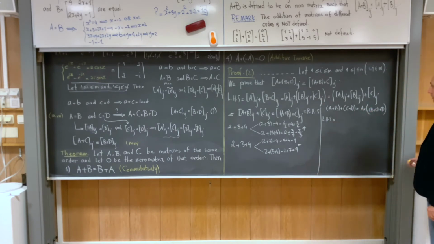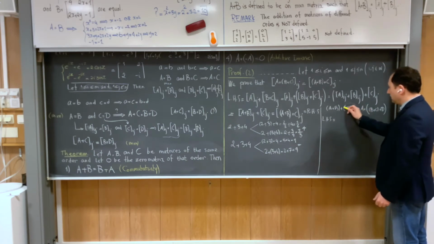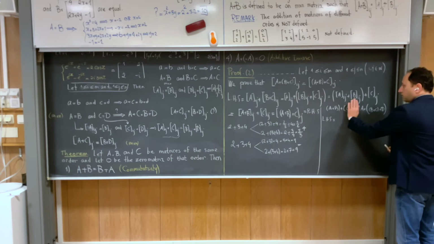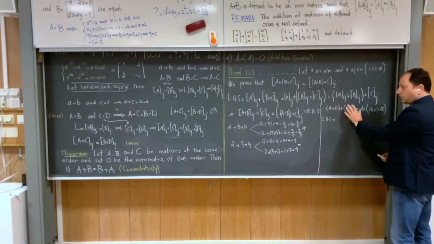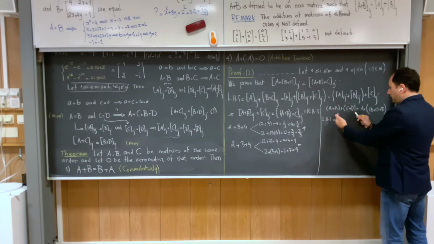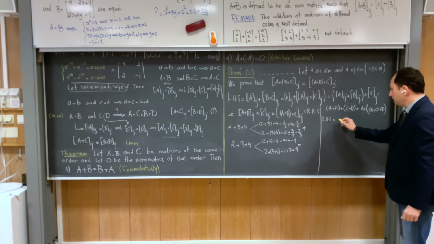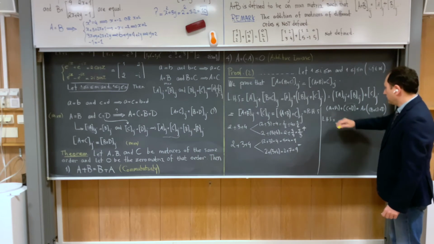So now, I can consider this as one matrix, only one matrix. Then I have the addition of three matrices, A, B, and C plus D as a whole. Then I can remove these pair of brackets and put them around these. So let me take A for this. I'm talking about associativity.